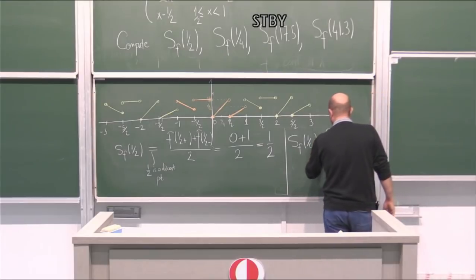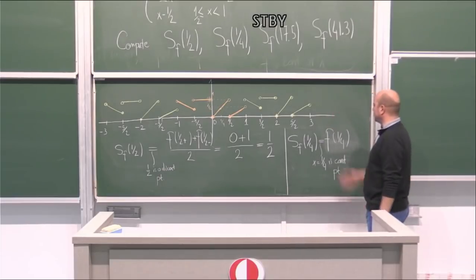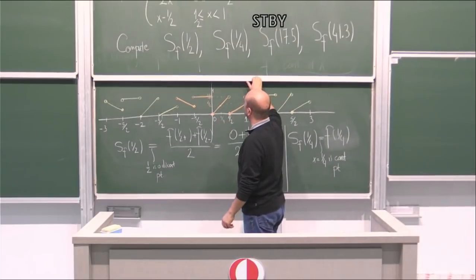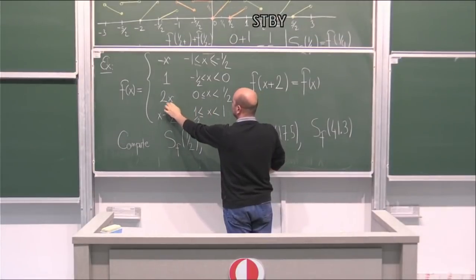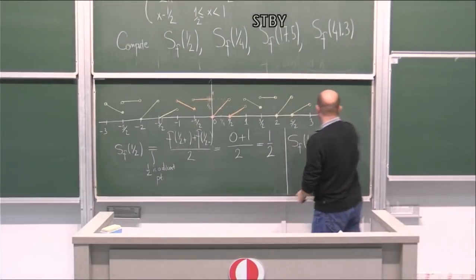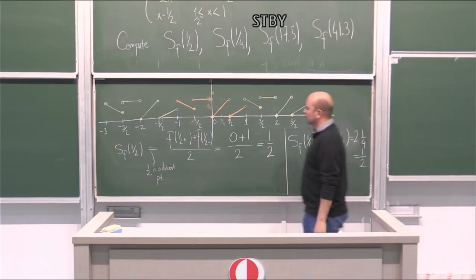So I'm writing now x equal to 1/4 is a continuous point. And so what is f of 1/4? 1/4 is between 0 and 1/2. Between 0 and 1/2, the function is 2x, so 2 times 1/4 is the answer. So that is 2 times 1 over 4, which is equal to 1 over 2.